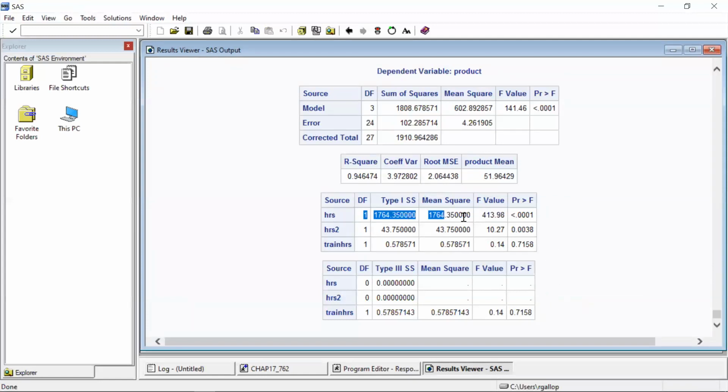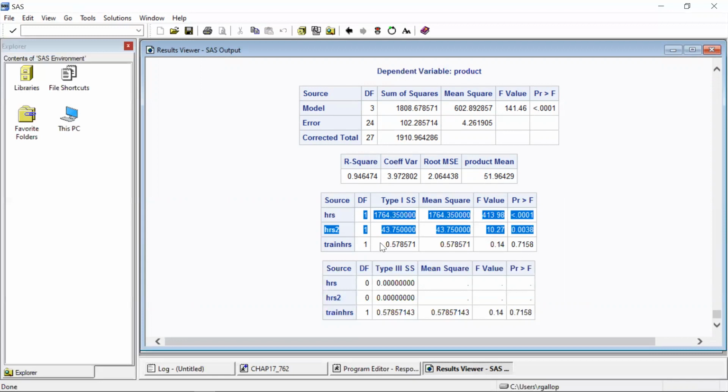The linear hour component is highly significant. The quadratic portion of time is highly significant. Whatever is left over of categorical time does not yield a significant portion of variance of productivity to be explained.